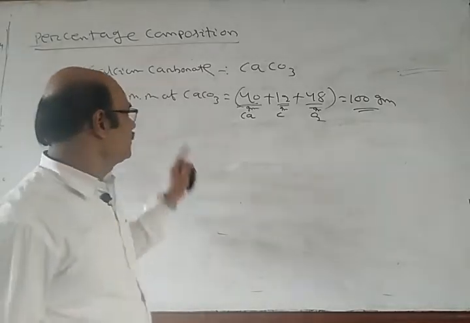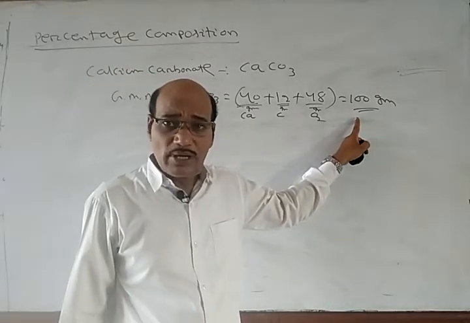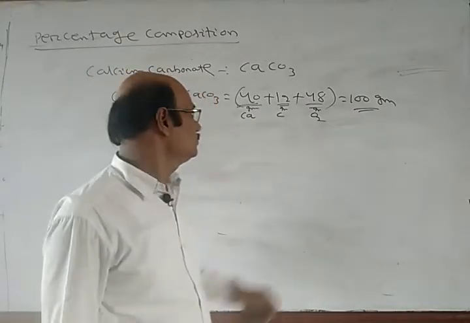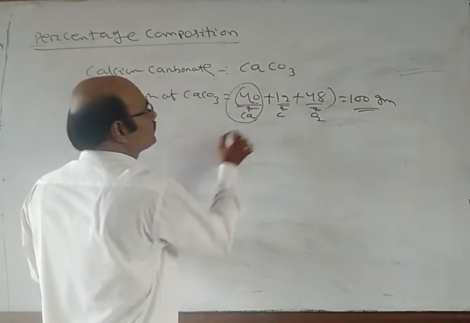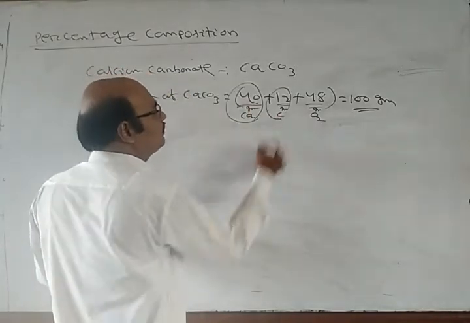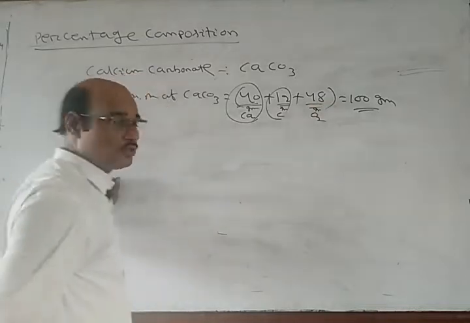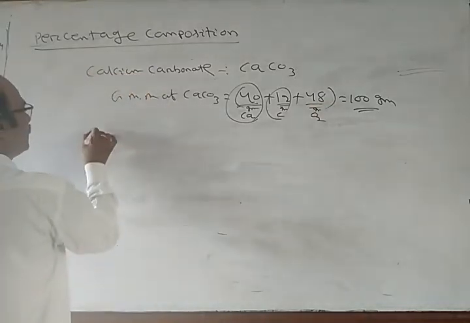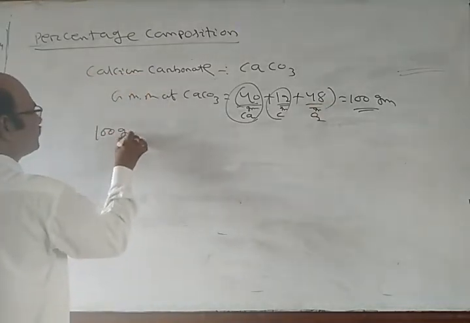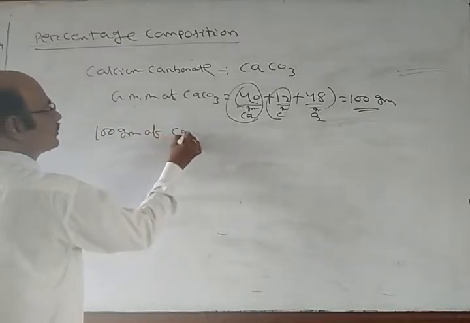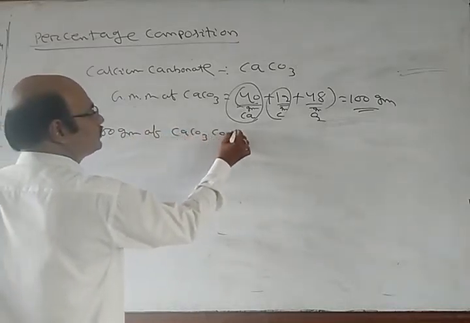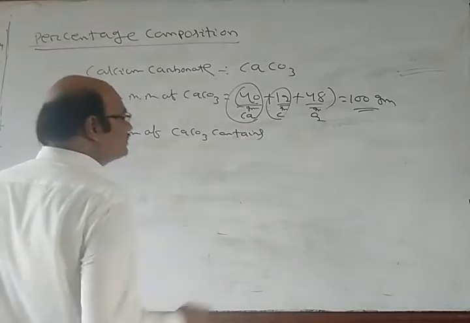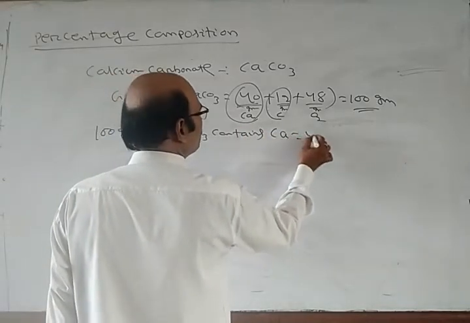So what you can say, the 100 gram of calcium carbonate contains 40 gram of calcium, 12 gram of carbon and 48 gram of oxygen. So what I will write here, 100 gram of calcium carbonate contains calcium equal 40 gram.